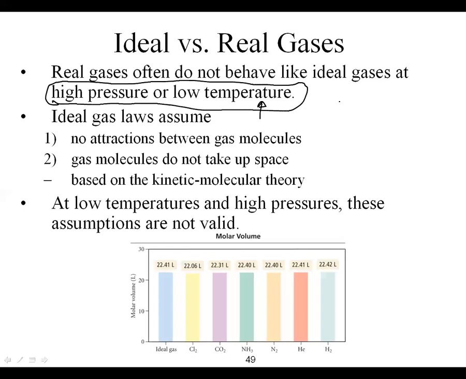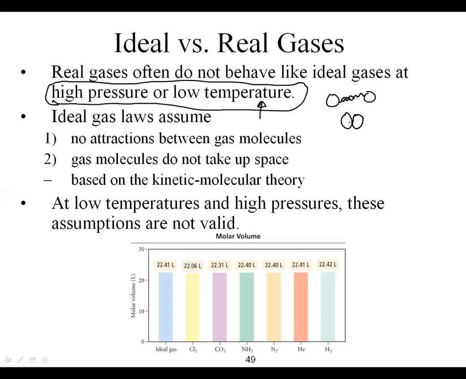At really low temperatures, our gas molecules are moving slow. Right? Which means when those gas molecules come near each other, they're going to be near each other for a much longer period of time than they would be at a higher temperature. As they're moving a lot slower with a lot less energy, they will be interacting with each other for a longer period of time.